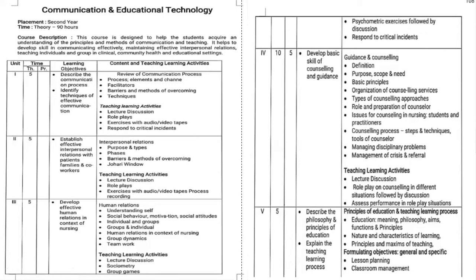Okay, next unit 3, 5 hours, that is human relations. This is the relations between human beings. There is self-understanding and motivations.